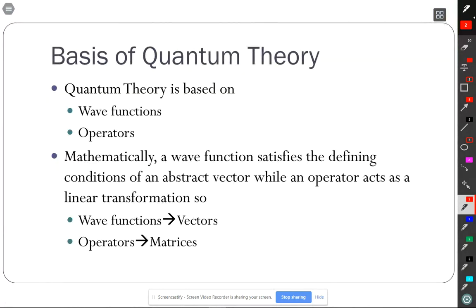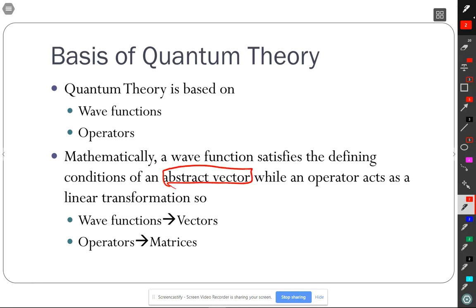Our quantum theory is based on wave functions and operators. The wave function, I think you had this in the first test, tells you all the information. And the operator, what's the purpose of an operator? It extracts the information from the wave function. Mathematically, a wave function satisfies the conditions for a vector.